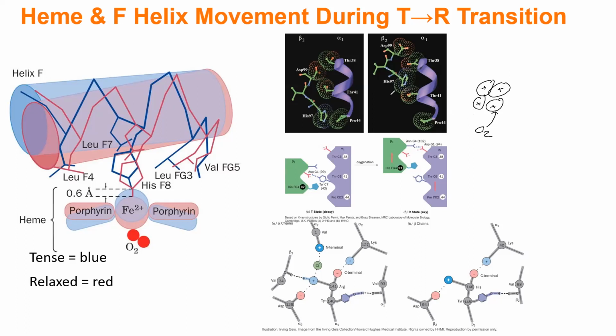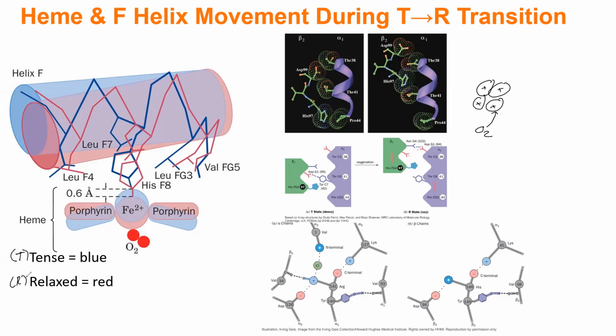And to talk about that, we're going to bring in 2 different states your hemoglobin can be in. Either the tense state or the relaxed state. So T state or R state. And tense and relaxed are actual terms that you'll see in biochemistry and molecular biology a lot when it comes to proteins and ligands.